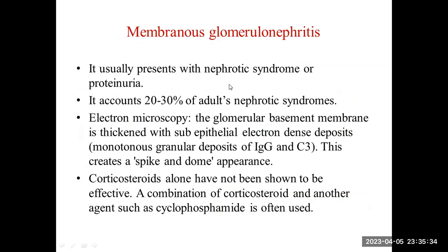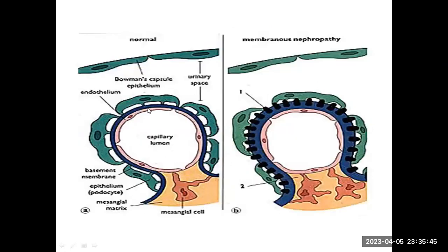So in membranous glomerulonephritis, you will have subepithelial immunological deposits, and it will give you a characteristic appearance called spike and dome appearance. As you can see here, this is the normal glomerulus, but this is a patient with membranous glomerulonephritis. First, as you can see, the glomerular basement membrane is thicker compared to the normal picture, and there are immunological deposits in the subepithelial surface.